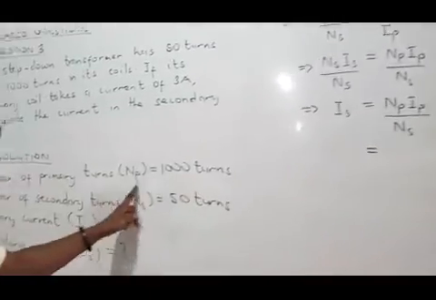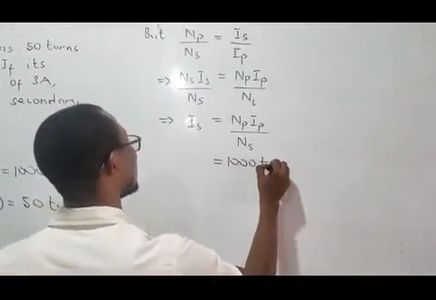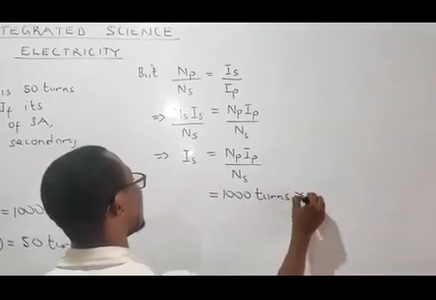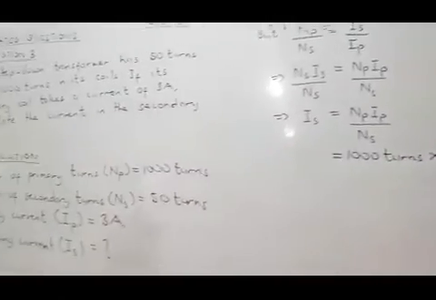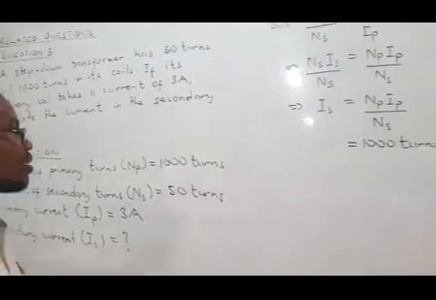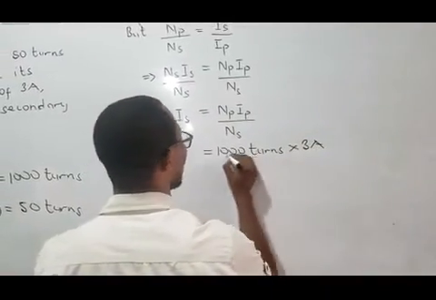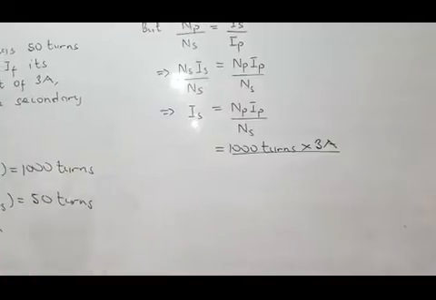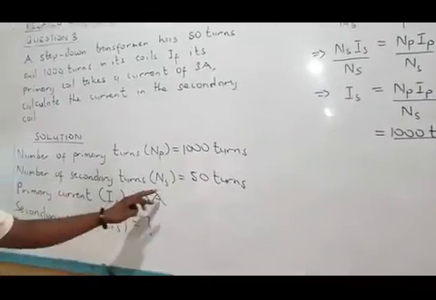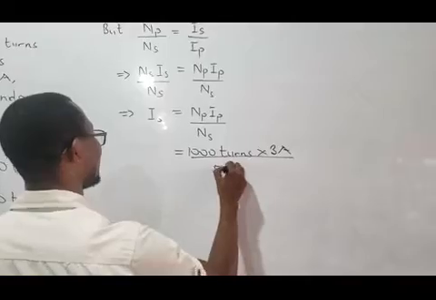NP, number of primary turns, is 1,000 turns. And then times IP. IP is 3 amperes. Over the number of secondary turns, NS, with its 50 turns. So over 50.